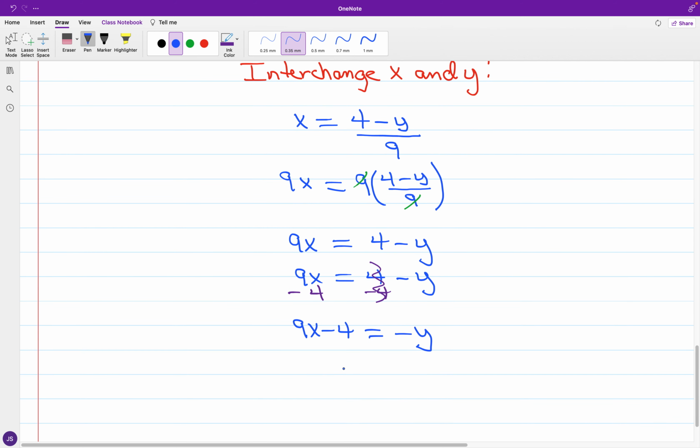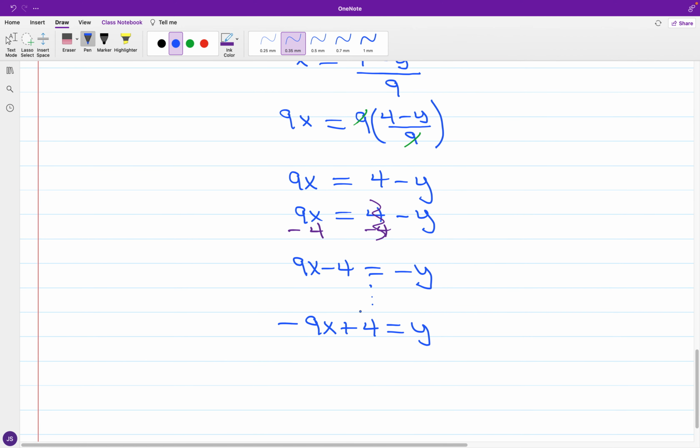And I can just change the signs at both ends. I can either multiply or divide by negative 1, making y positive from negative and vice versa. So we got negative 9x plus 4 is equal to y.